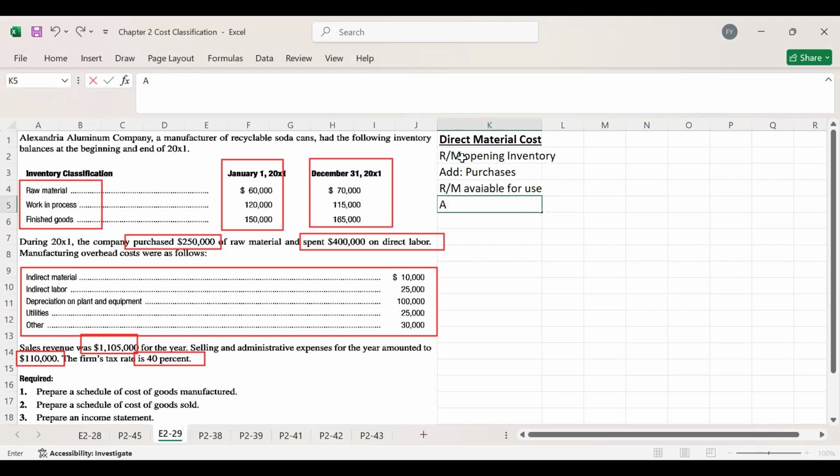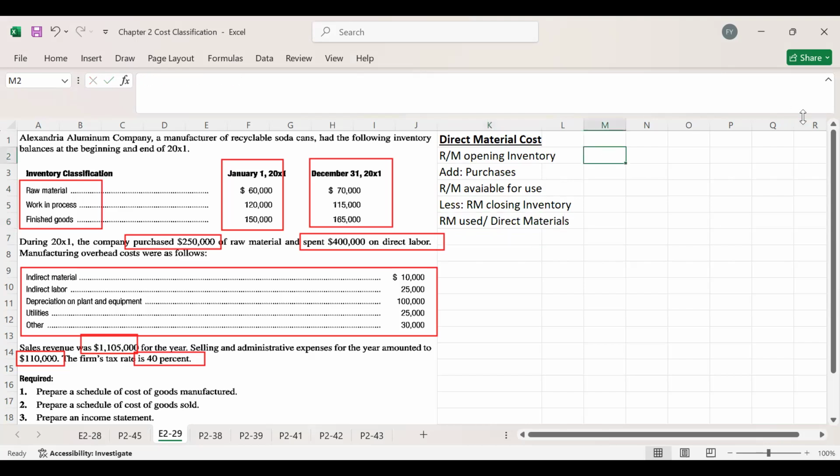Then we deduct raw material closing inventory in order to get raw material used, which is also called direct materials.